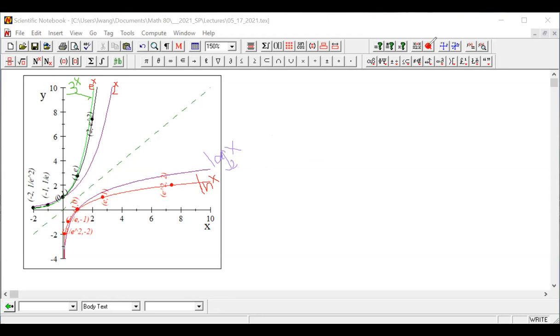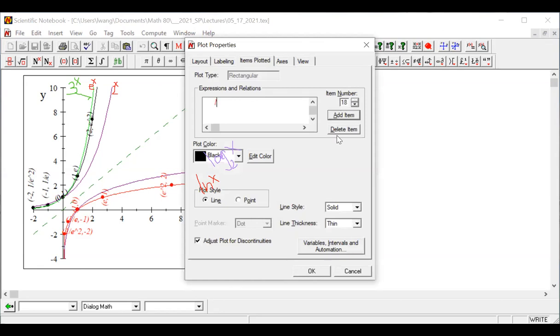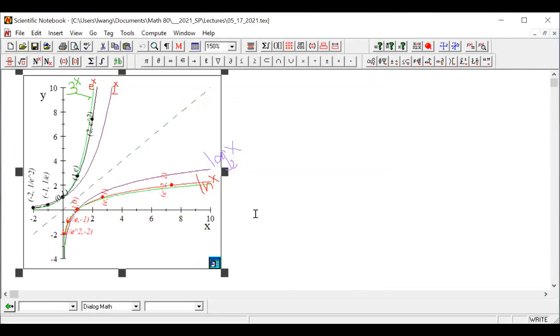Last but not least, log base 3 of x. I'm going to make it a color, green. Okay, so let's mark it.